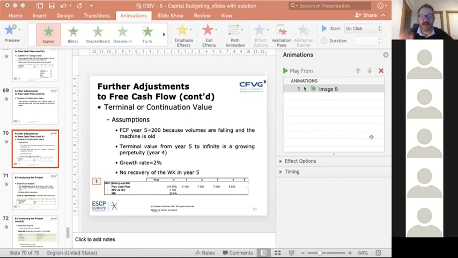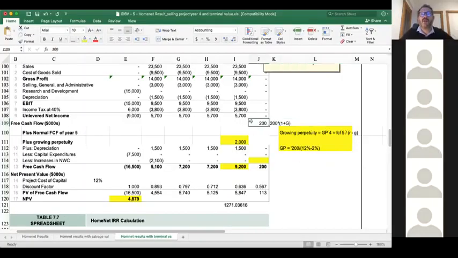Sorry, it's not easy because I don't remember if I share my Excel. So that would mean that you have 200 here, 200 times 1 plus g, 200 times 1 plus g squared, 200 times 1 plus g exponent 3, and so on.